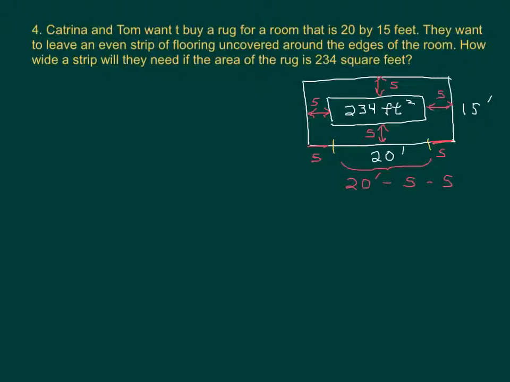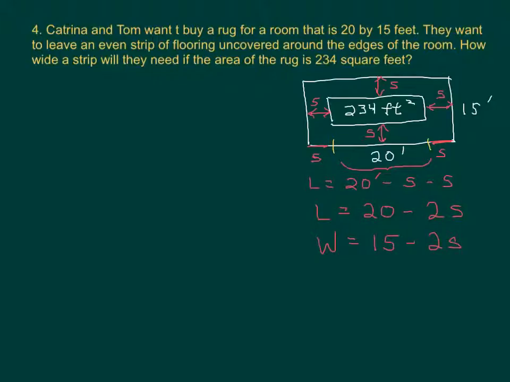So if we call the length of the rug L, then we have this formula. L equals 20 feet minus S minus S. We can rewrite that to say L equals 20 minus 2S. If we use the same reasoning for width, we will find that width equals the width of the room, which is 15 feet, minus 2S.